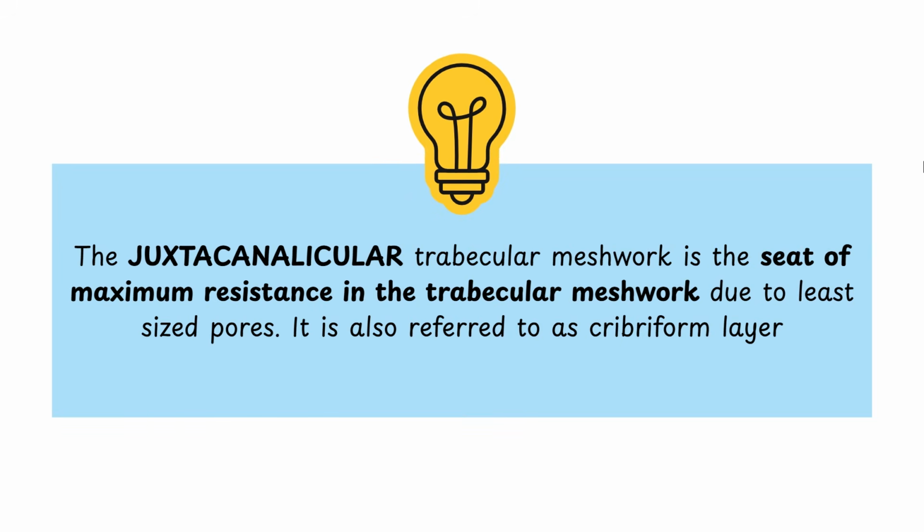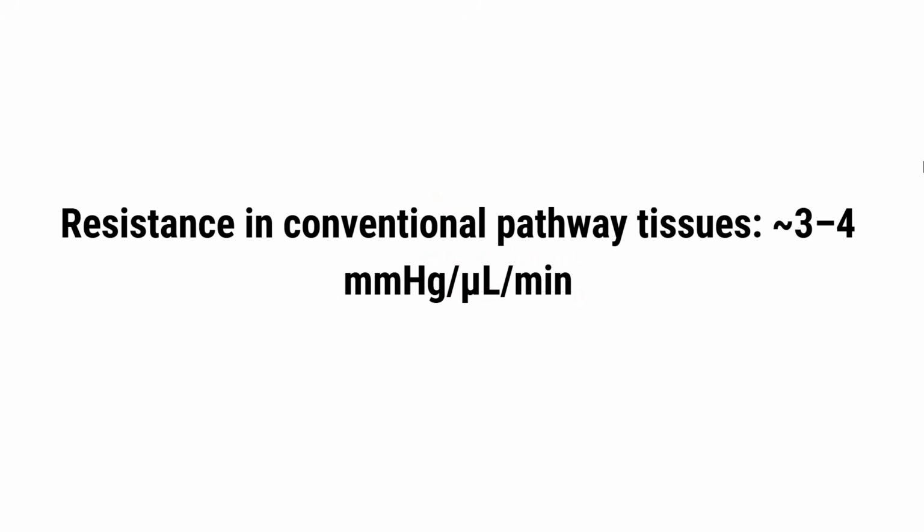This happens because the juxtacanalicular trabecular meshwork has the smallest pores and is also referred to as the cribriform layer. The resistance in the conventional pathway tissues is about 3 to 4 millimeters of mercury per microliter per minute.